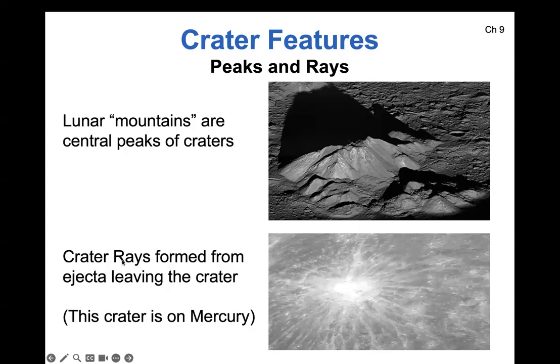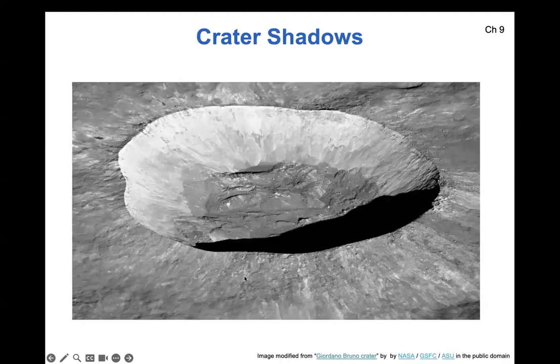The rays that are formed from ejecta leaving the crater are most noticeable with the biggest impacts. They're quite subtle with the smaller ones, as we saw in the previous image. But for the really big craters, we see the rays form, and it's the lines of ejecta that coalesce into these particular paths.